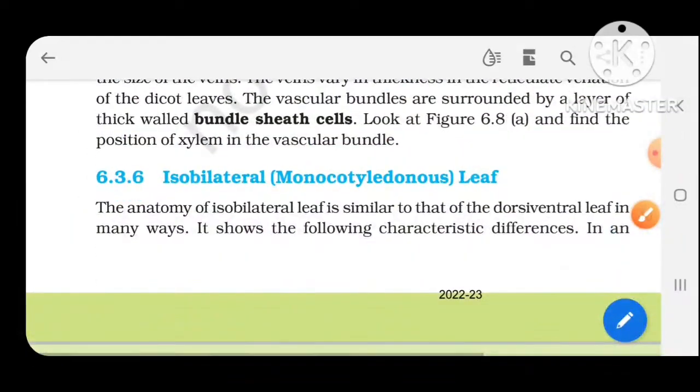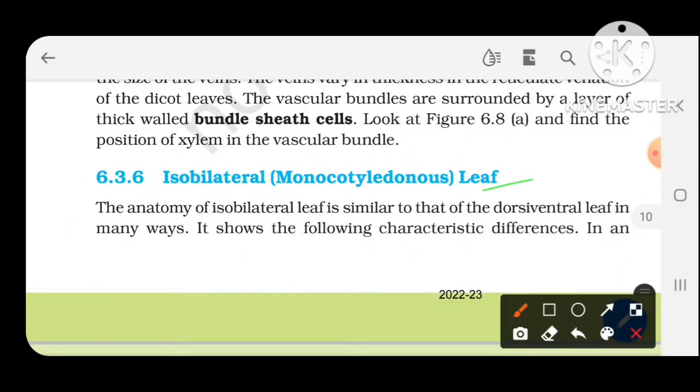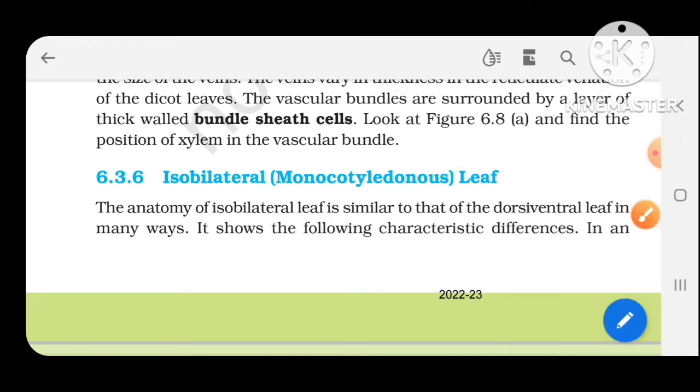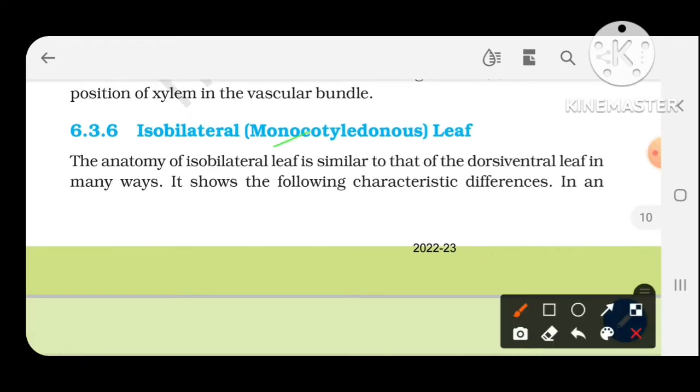Now second point, now we are going to learn about isobilateral leaf, which is also called monocotyledonous leaf. The anatomy of isobilateral leaf is similar to that of the dorsiventral leaf in many ways. Means there are many common things between monocotyledonous leaf and dicotyledonous leaf, but there are also a few differences between them.